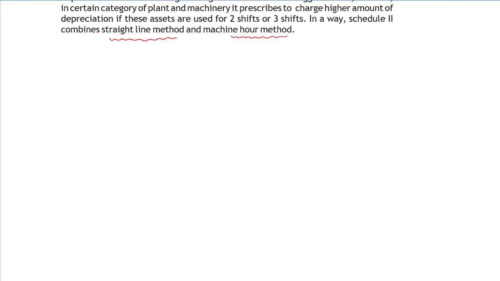Let us write an example on the basis of the machine hour method. Cost of machine is 10 lakhs.